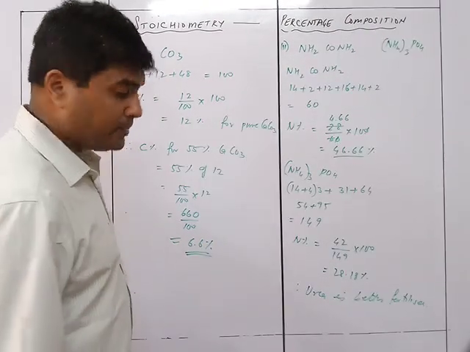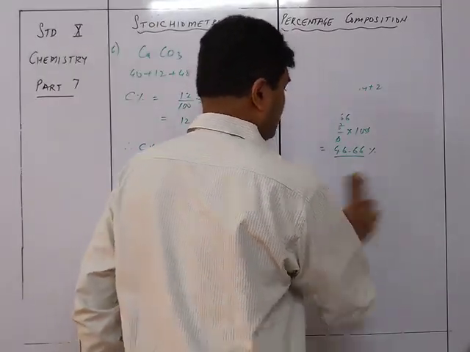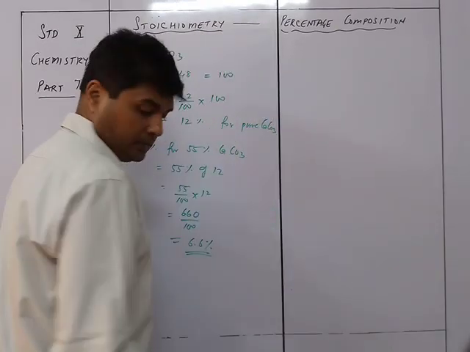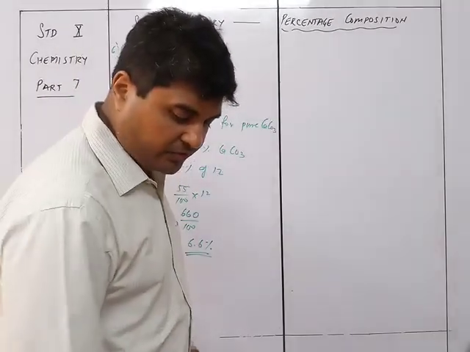We now move on to sum number 7. Calculate the percent of water of crystallization in hydrated copper sulfate, CuSO4.5H2O.